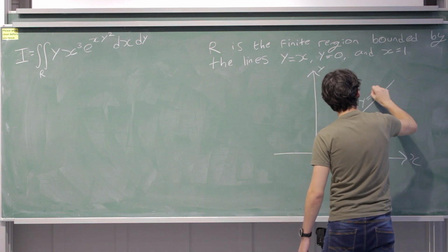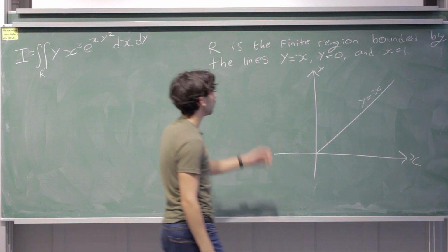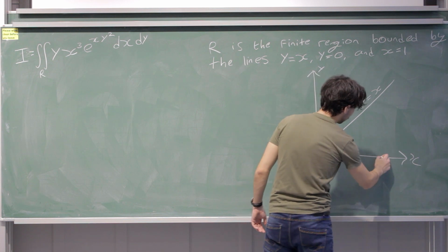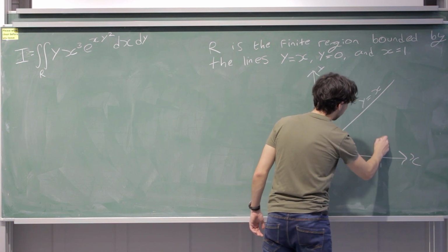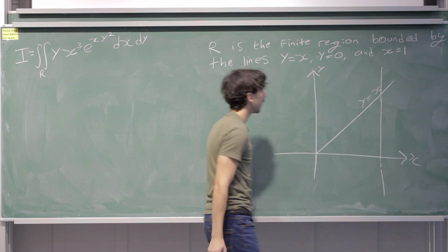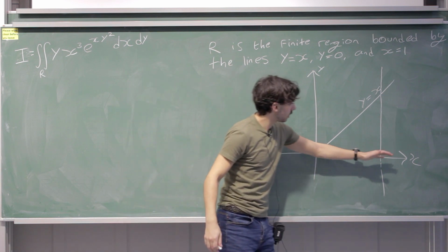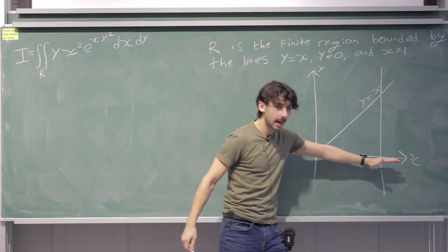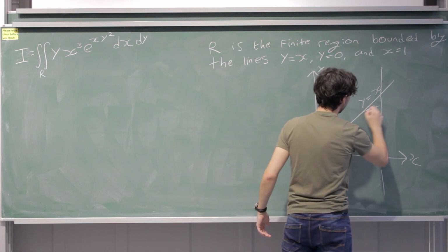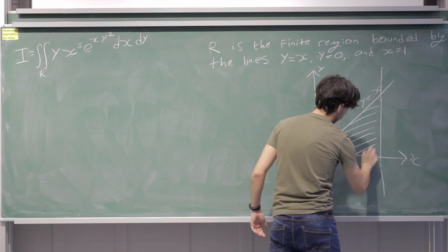Y equals 0 is just the x-axis, and x equals 1 is a vertical line about here. So it's the finite region bounded between all of these lines. Clearly, it's another triangle, so this is our region again, this triangular shape.